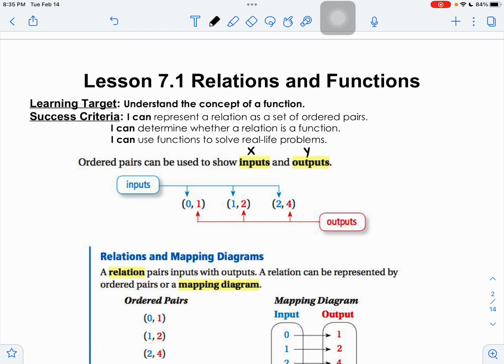We also might see the x values or the inputs referred to as the domain, and the y values or the outputs referred to as the range. You can see here we have a set of ordered pairs. In blue are all the inputs or the x values, and in red are all the outputs or the y values.